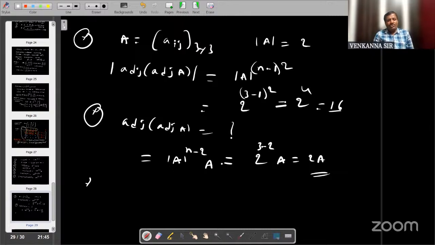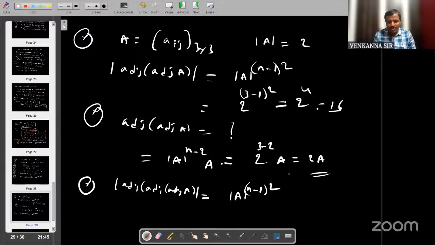And the same question, if they will ask the determinant of adjoint of adjoint of A, remember the formula perfectly: determinant of A to the power of n minus 1, whole cube. This is n minus 1 whole cube.